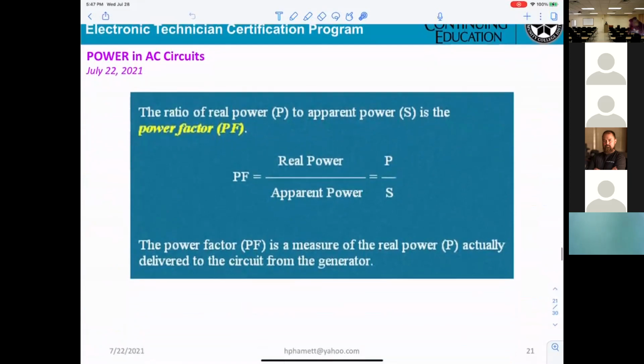The ratio of the real power to the apparent power is the power factor, PF. So what does the power factor PF equal? That will be equal to real power divided by apparent power. The power factor is a measure of the real power actually delivered to the circuit from the generator.